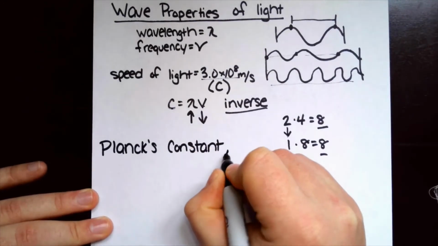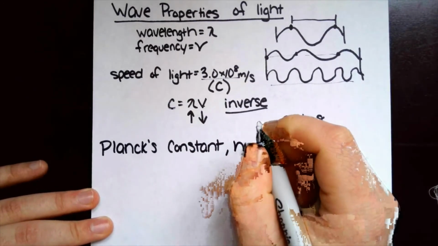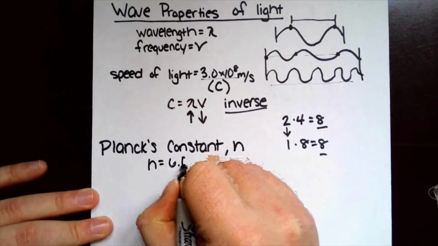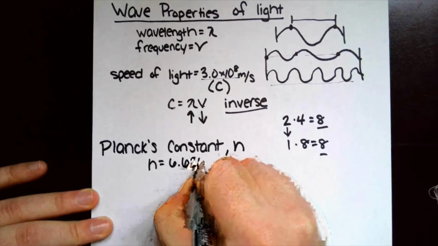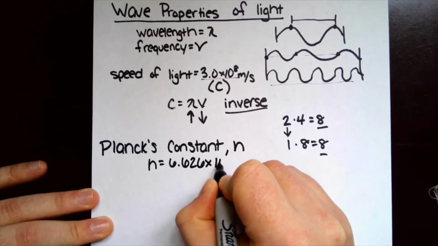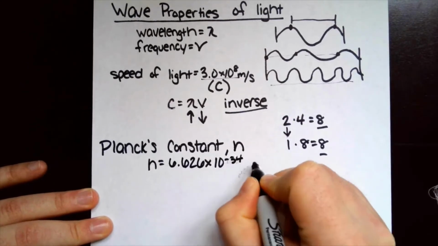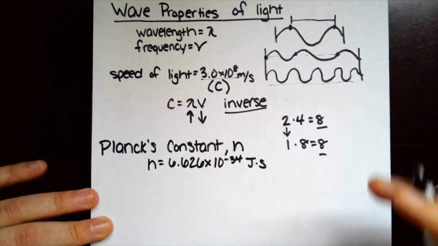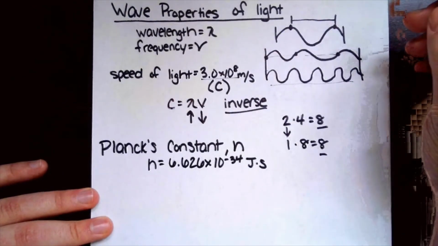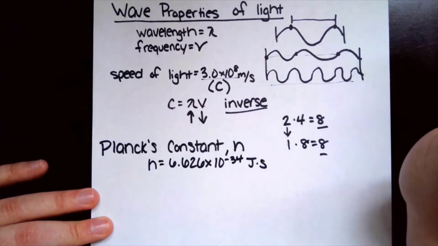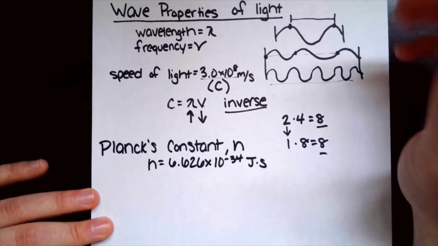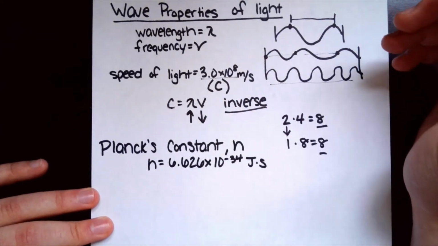Planck's constant is represented by the variable h, and it equals 6.626 times 10 to the negative 34th joule seconds. Again, that's a constant. It's never going to change, and it's necessary for our universe. If it was even slightly different, our universe would not exist in the way that we know it.